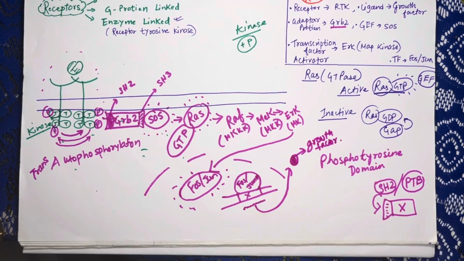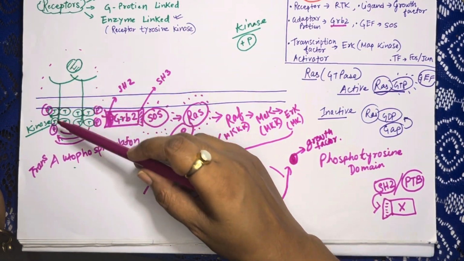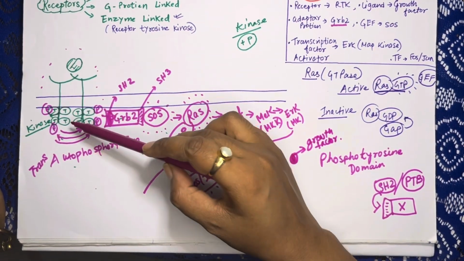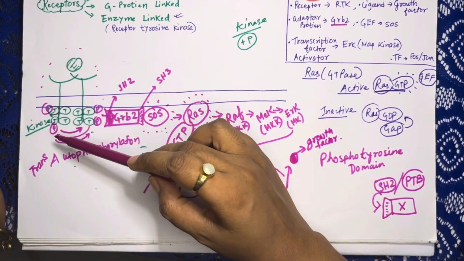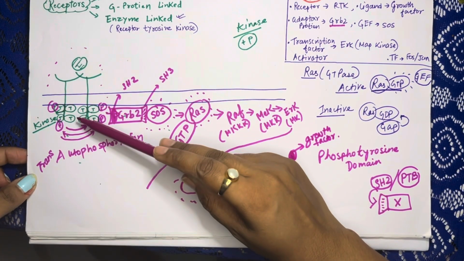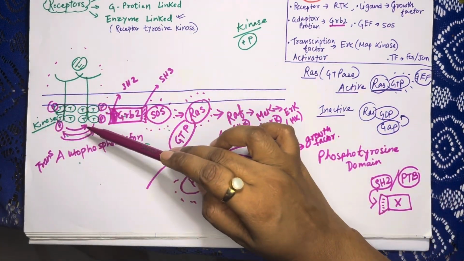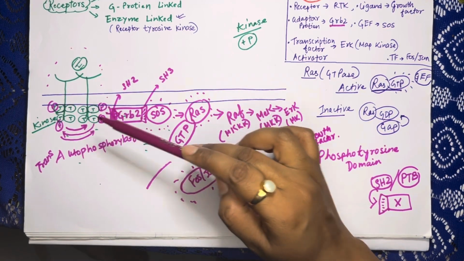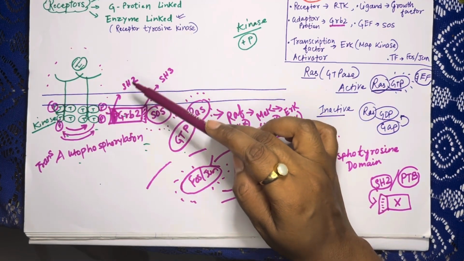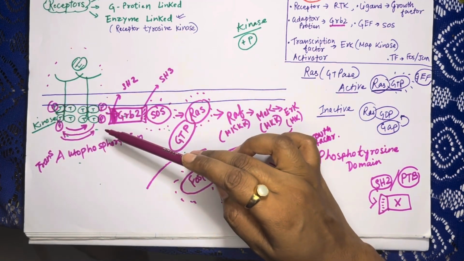Okay, so I am repeating it once again. First, the ligand will bind. After ligand binding, the receptor will get activated. How? Its enzymatic part will get activated, and then trans-autophosphorylation will happen. After trans-autophosphorylation, all the tyrosine residues of the cytosolic part of the receptor will get phosphorylated, and then one adapter protein having an SH2 domain, which is known as GRB2, will bind with the phosphorylated receptor.